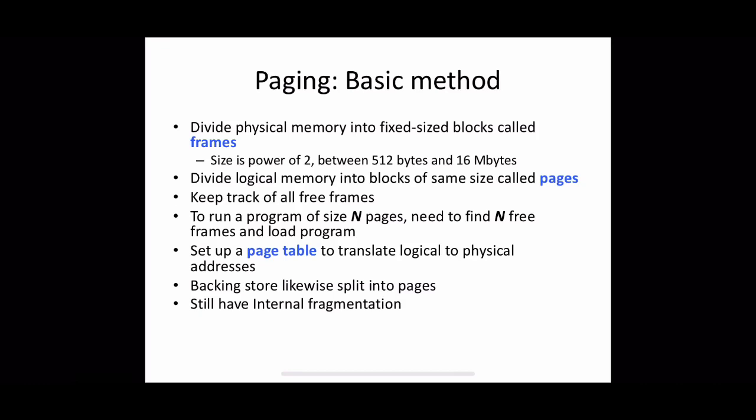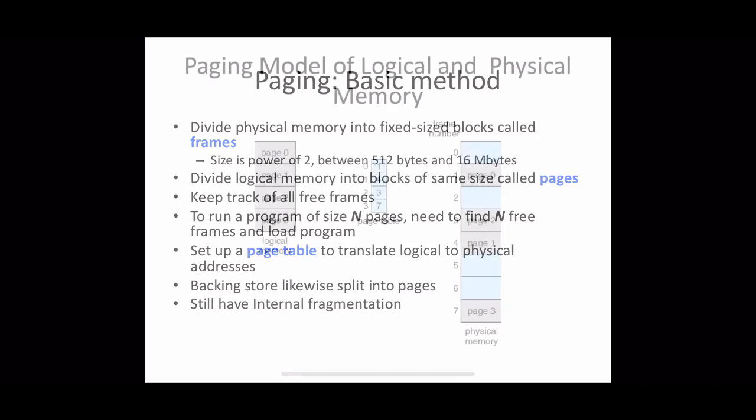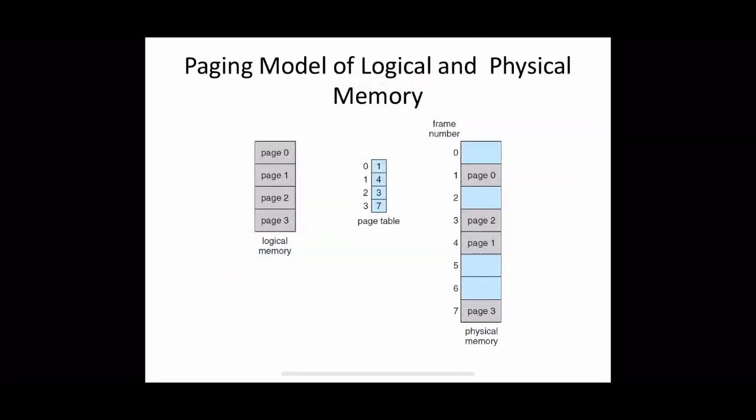Now we can see how the logical address, that is the address generated by the CPU or referred to by the process, actually gets mapped into its physical address. We can see the paging model for a logical memory and its physical memory. Suppose we have a program of 4 pages. We divide the entire program or logical memory into 4 different pages, page 0 to page 3.